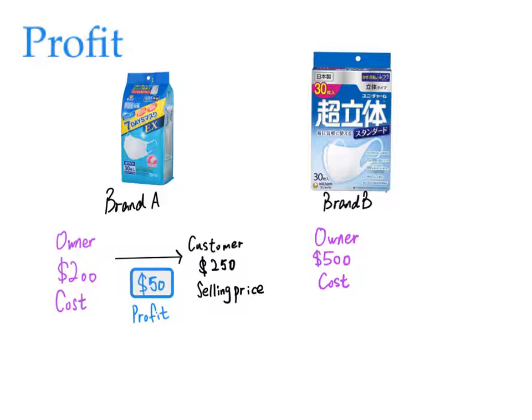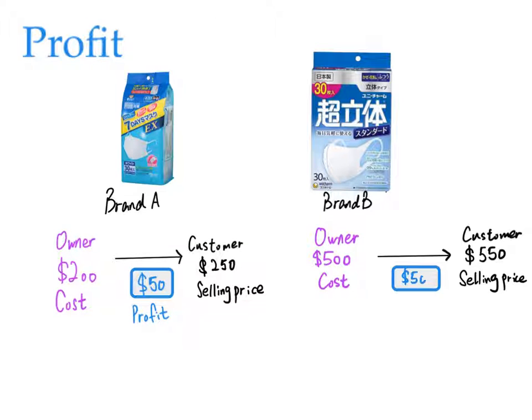And he sells it at $550. It is the selling price. In this case, the owner earned $50. It is the profit.